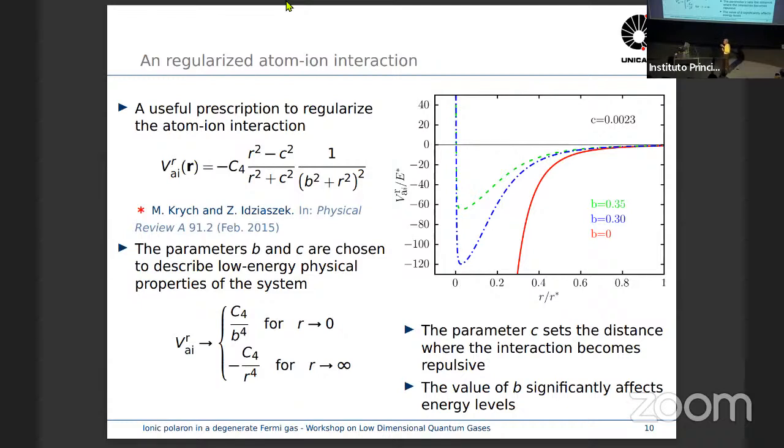In the other limit, when R goes to infinity, we recover the polarization potential. The parameter C sets the distance where the interaction becomes repulsive, and the B parameter significantly affects the energy levels that we have. As I can show you here, as this B parameter gets smaller, the potential gets deeper. Here, this is for the pure polarization potential, and these are the values of this regularized potential of this form here.